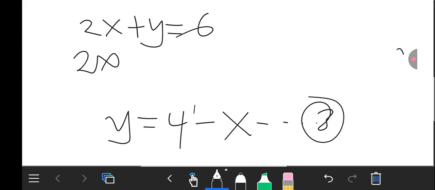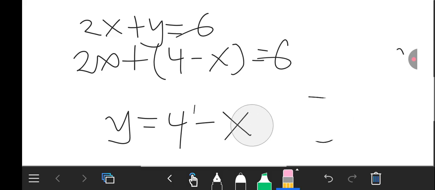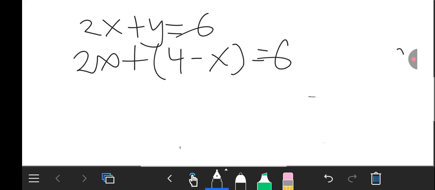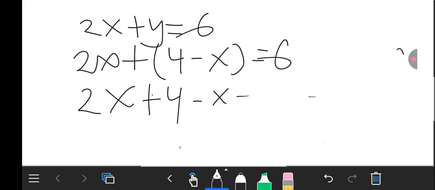We said 2x plus, where there is y, we know that y is equal to 4 minus x. So you replace with 4 minus x, then is equal to 6. Then it will be 2x, then positive times positive 4 will be plus 4. Then positive times negative x will be negative x, is equal to 6.